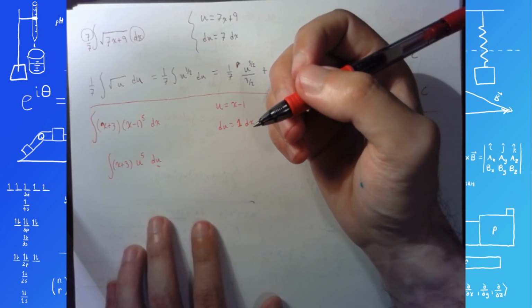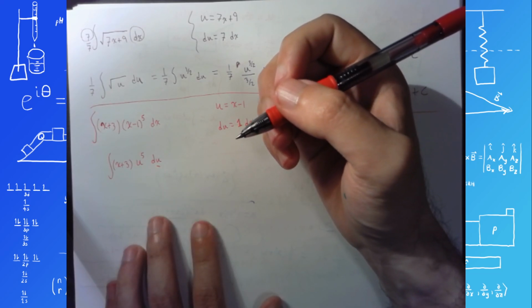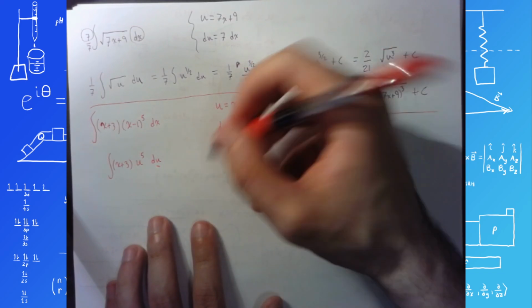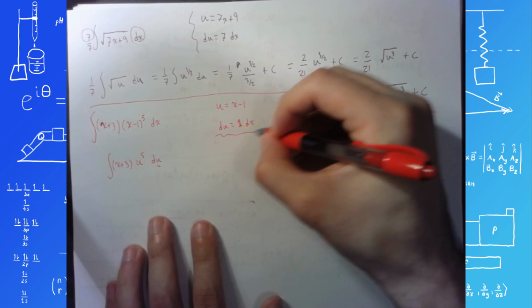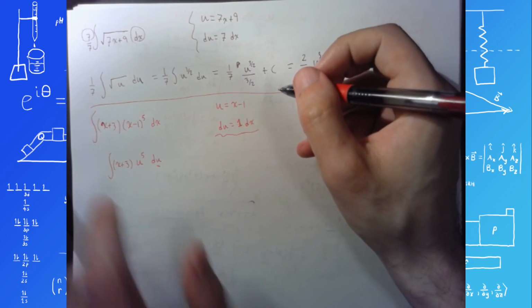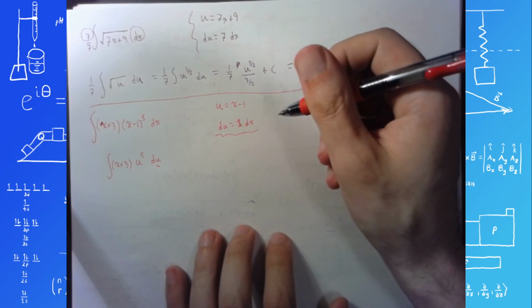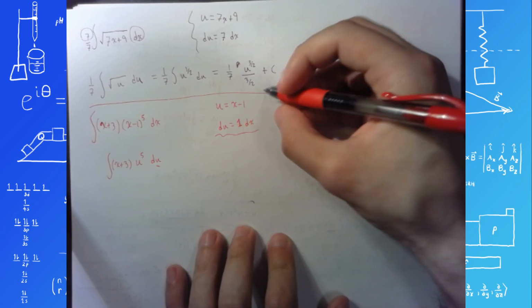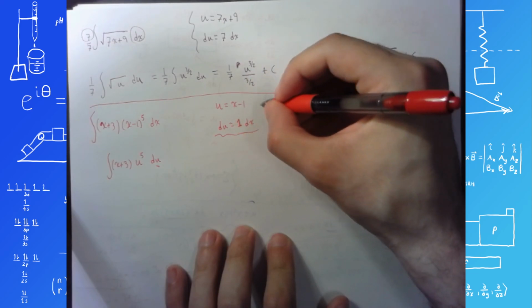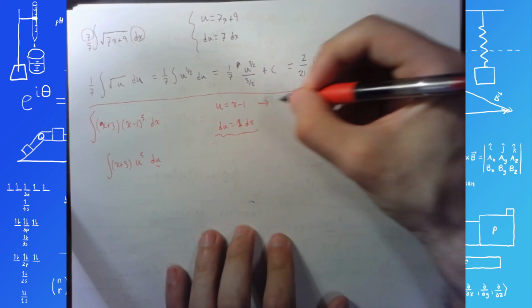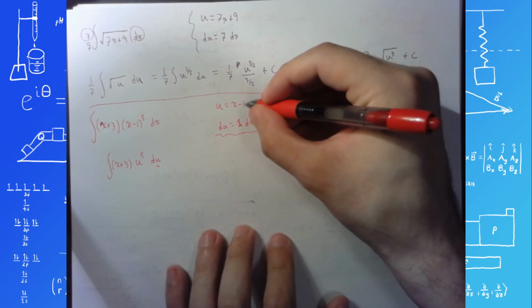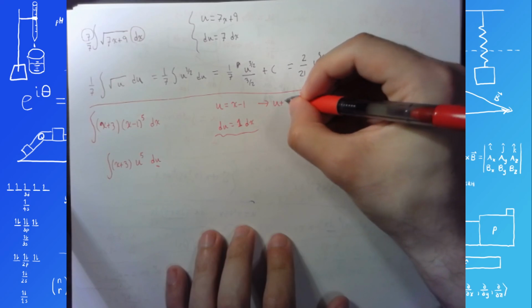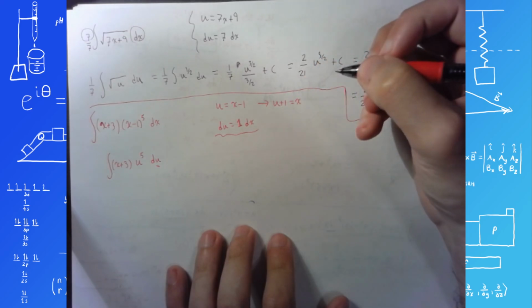After all, this is single variable calculus. Multivariable calculus is going to be a separate course. I just need my x plus 3 to agree with my u. So can I rewrite x plus 3 in terms of u? Yes, I can, because u equals x minus 1 can be rewritten as u plus 1 equals x.